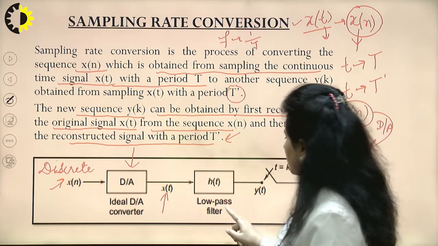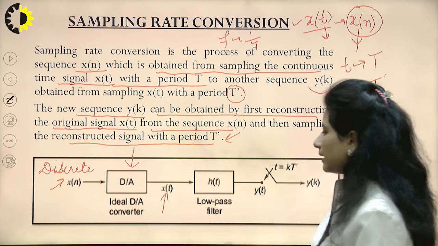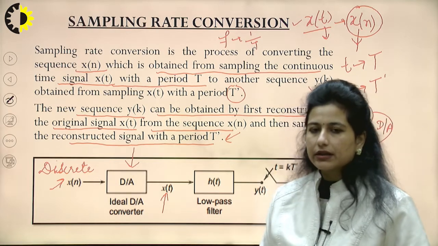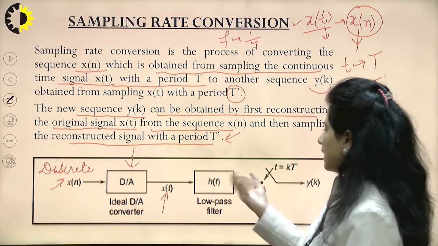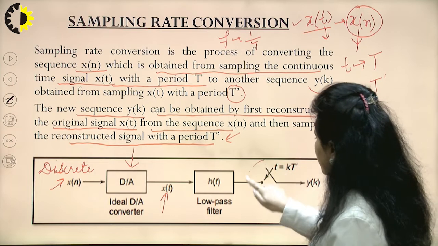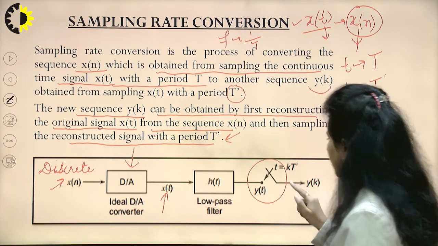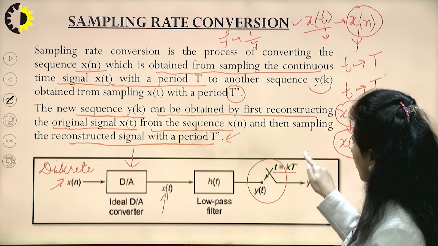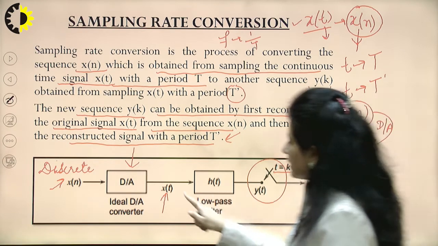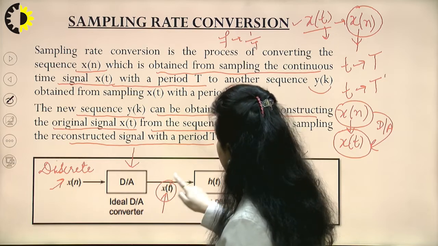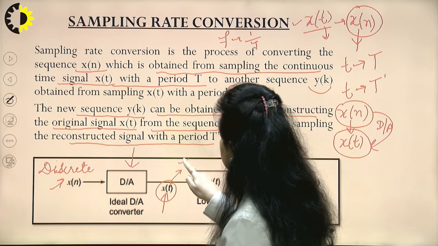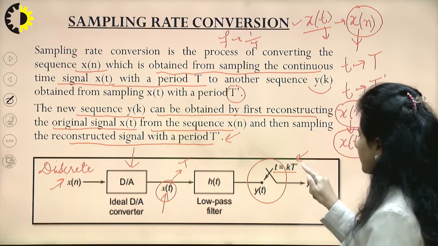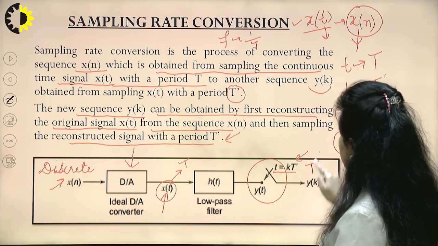This x(t) is passed through a low pass filter so that the aliasing effect generally encountered in the sampling process is removed. Then I use a switch whose sampling frequency depends upon T dash. Initially x(t) was sampled at time period T, and now it is resampled at a new time period T dash.